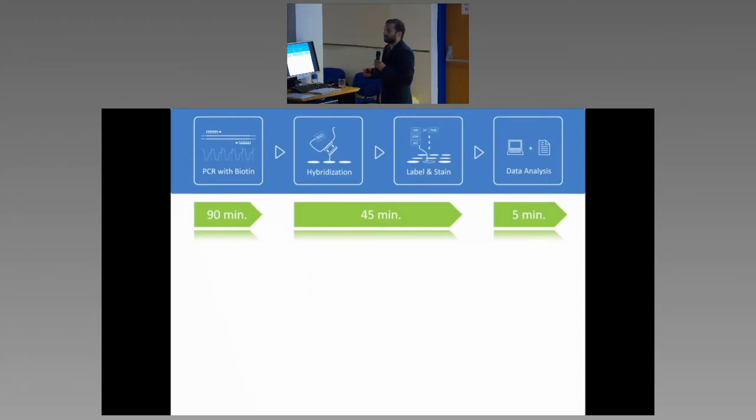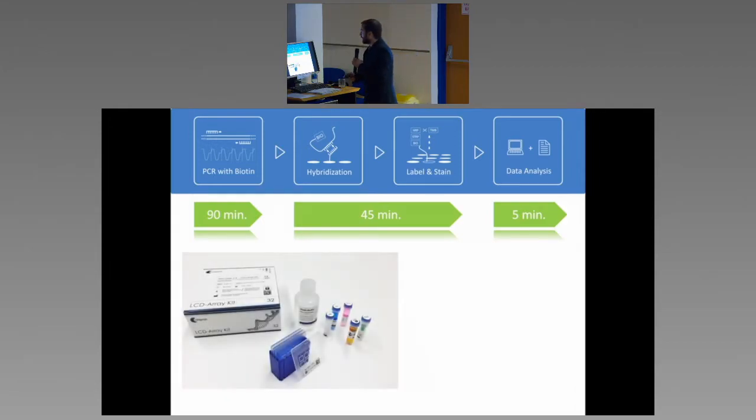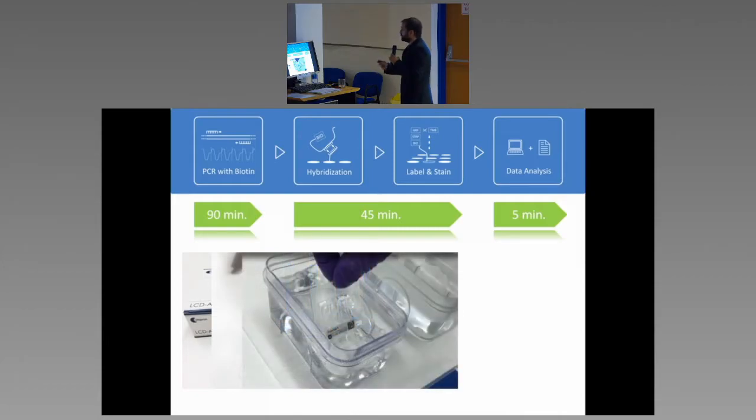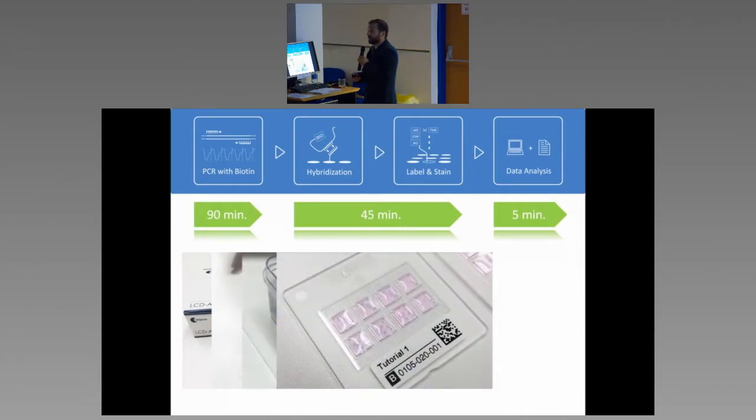It's not a microchip, it's a macro chip because it's a little bigger. The technique is not time-consuming, it takes about 2.5 hours. The equipment is really easy, the firm is doing a really good job, and you don't need any special equipment. You just wash it, and after hybridization, you can see the result by your eyes. You don't need any equipment.